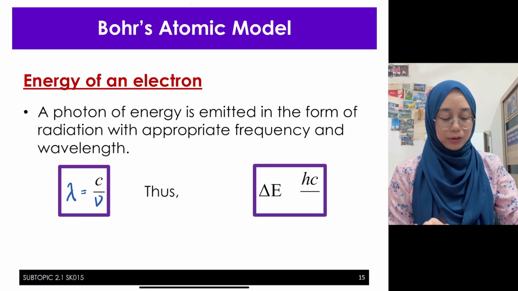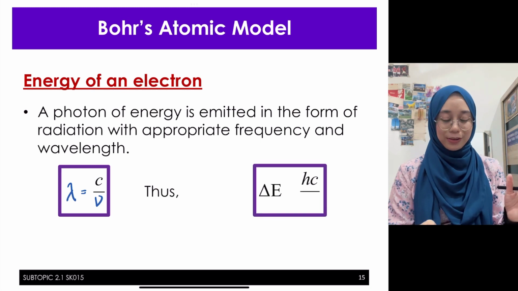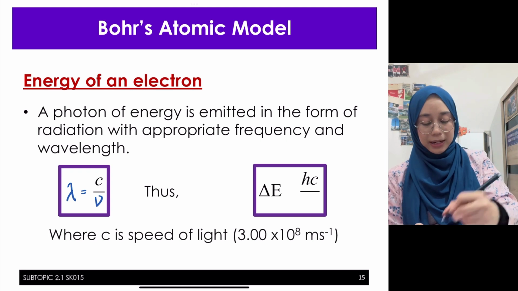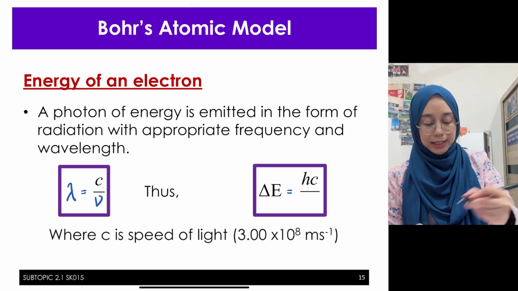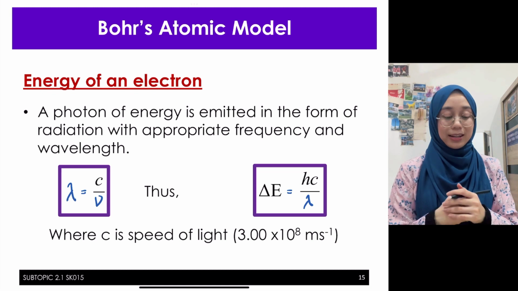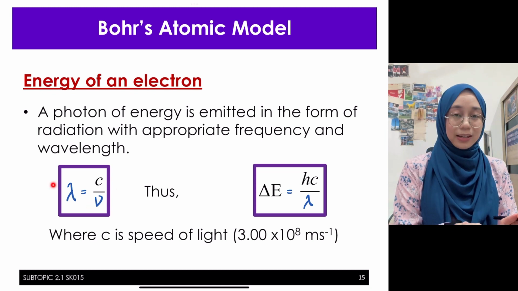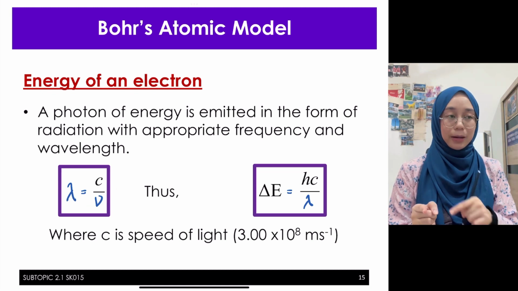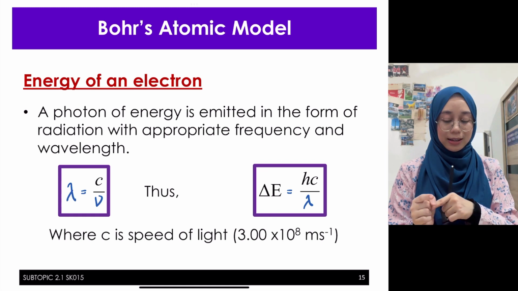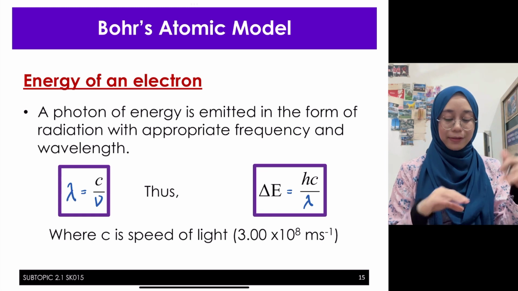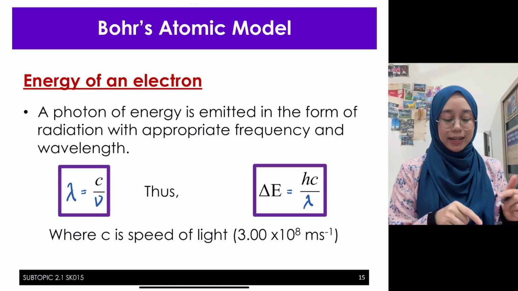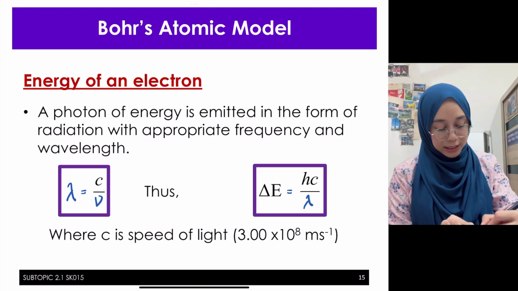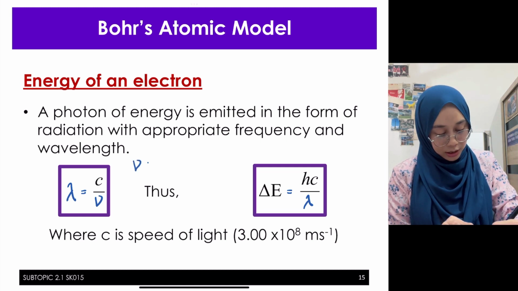Okay, so kalau kita gabungkan dua formula tu tadi, kita akan dapat delta E equals to hc over lambda. Kita rearrange balik supaya v akan jadi frequency equals to c over lambda.